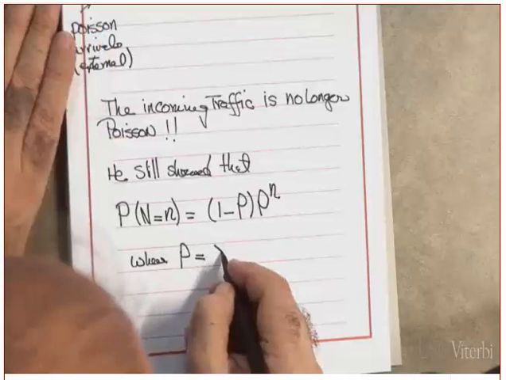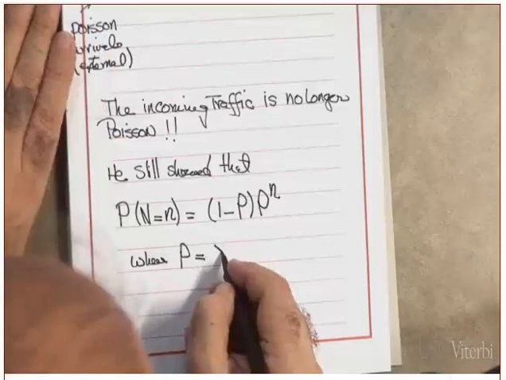That's the aggregate. So lambda 1 equals gamma over 1 minus P. This is P, not rho.